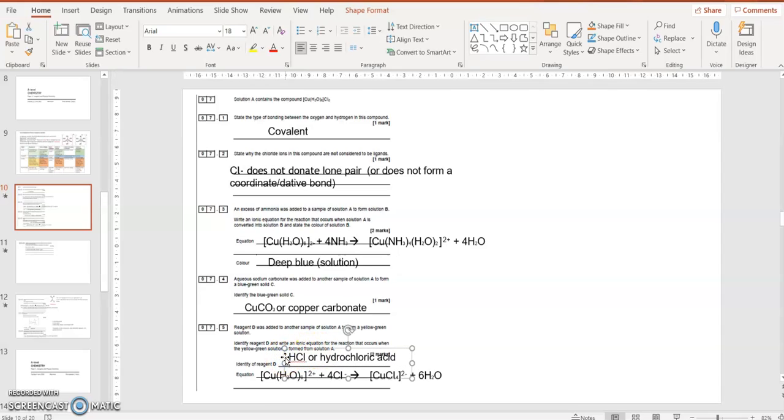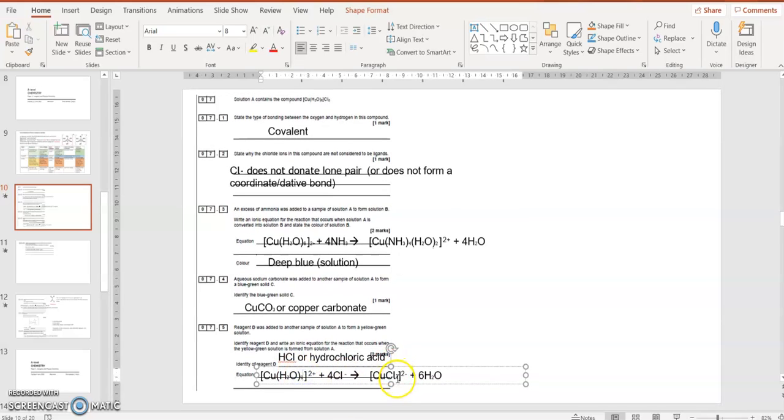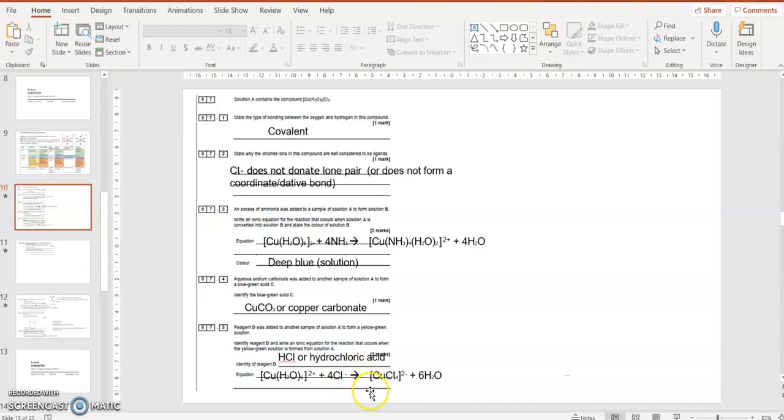After all, that's a strong acid, and we're dissociating water to make Cl minuses to replace the waters. But you only get 4 Cls around it because they're bigger than the waters, and only 4 Cl ligands can fit. How come it's 2-? Because the copper is 2+, H2O's got no charge, so 2+ overall with no charge on the waters. If that's 2+, then with 4 Cl minuses, 2+ and 4 minus leaves 2- left over, and it balances with the 4 Cl minuses there.